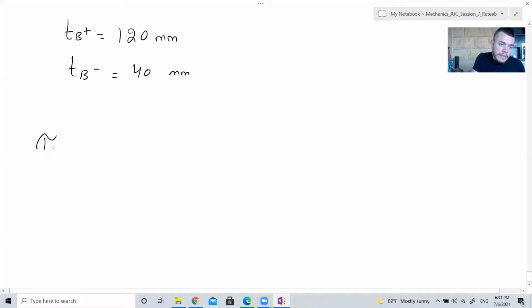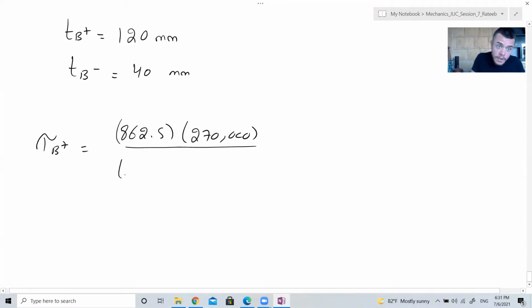So now you can find tau B plus, which equals 862.5, the shear force, times Q, 270,000, over I, 46,800,000, times t, 120.